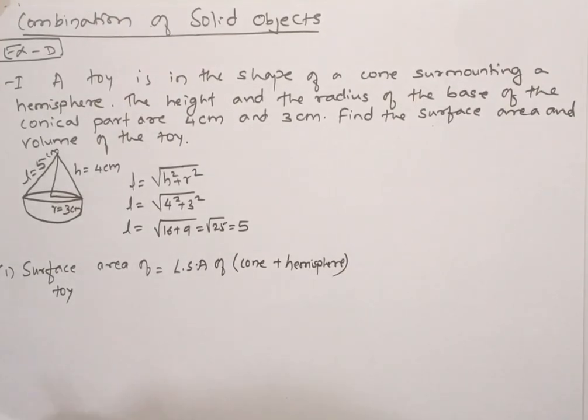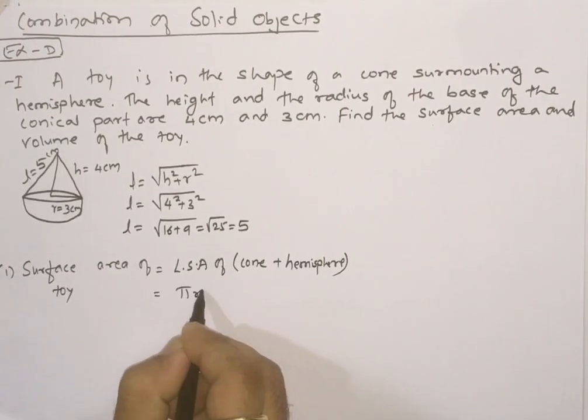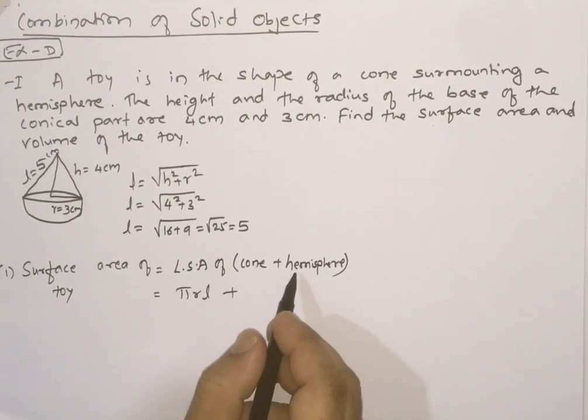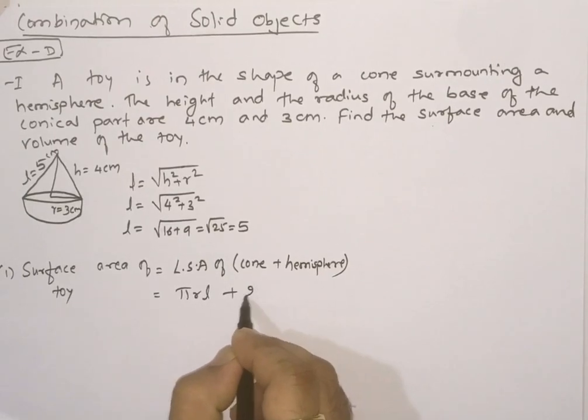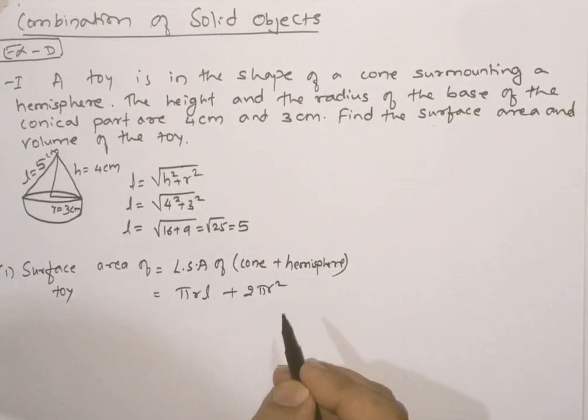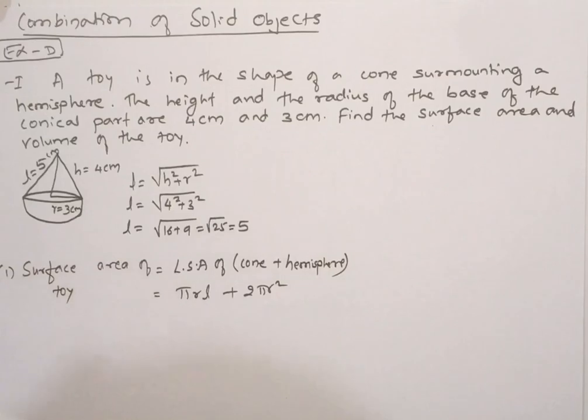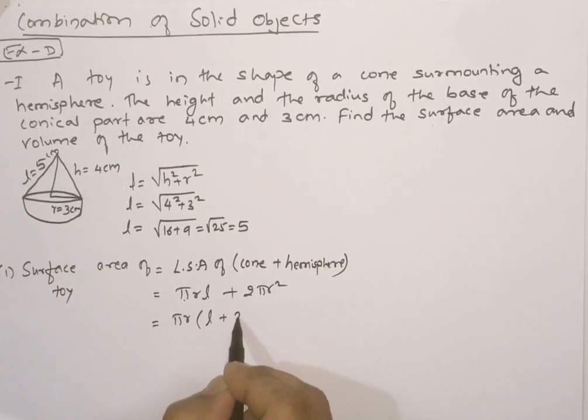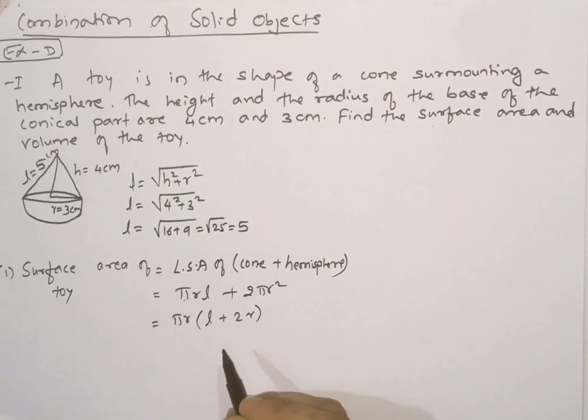What is the lateral surface area of cone? Pi r L, plus hemisphere lateral surface area 2 pi r square. What is common? Pi r is common. So pi r is common, L plus 2 r remains.